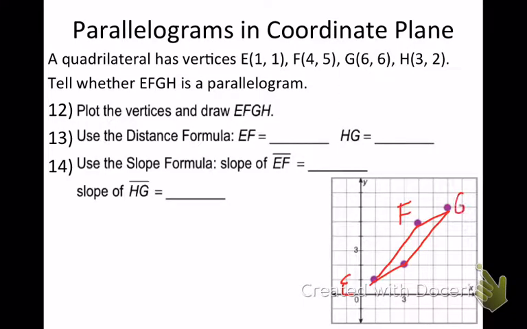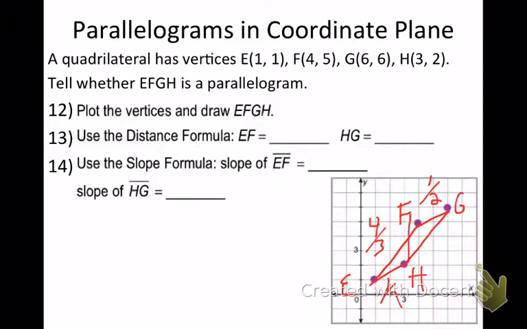Tell me some things we know about parallelograms. The slopes have to be the same. Opposite sides are parallel, right? So can I just find the slopes? What's the slope from F to G? 1/2. What's the slope from E to H? 1/2, so that's the same. What's the slope from E to F? 4/3.